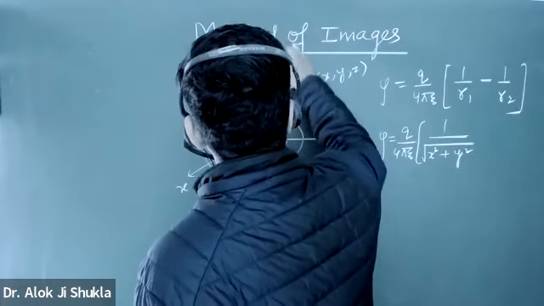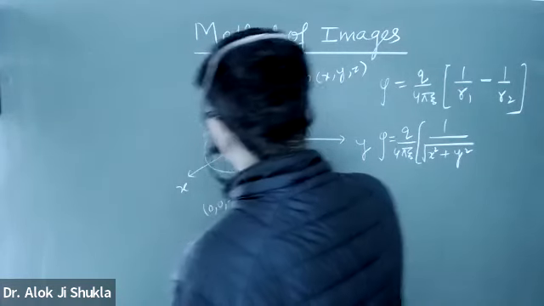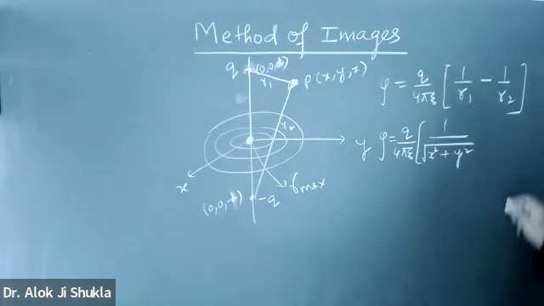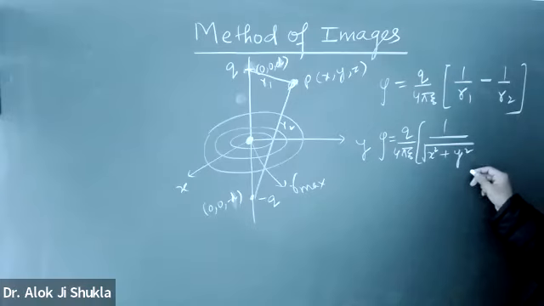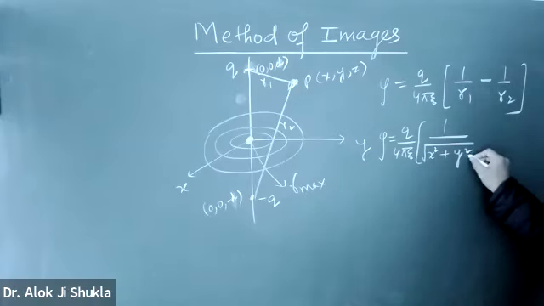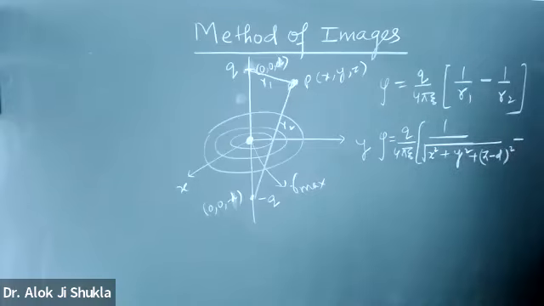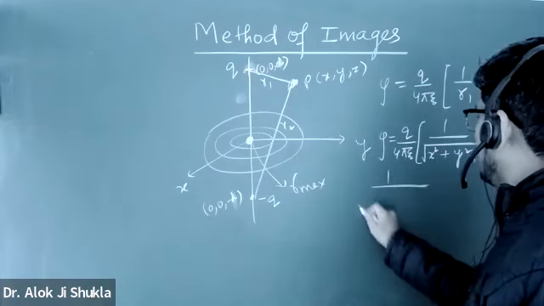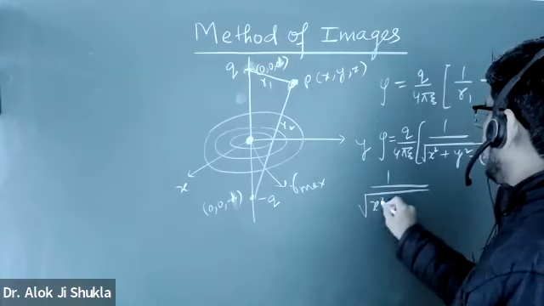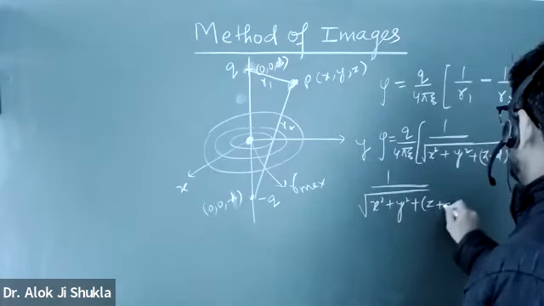I shall take d, because it cannot be variable, we have to put it at a fixed distance, right? So x square plus y square plus (z minus d) whole square, and minus 1 upon under root of x square plus y square plus (z plus d) whole square.